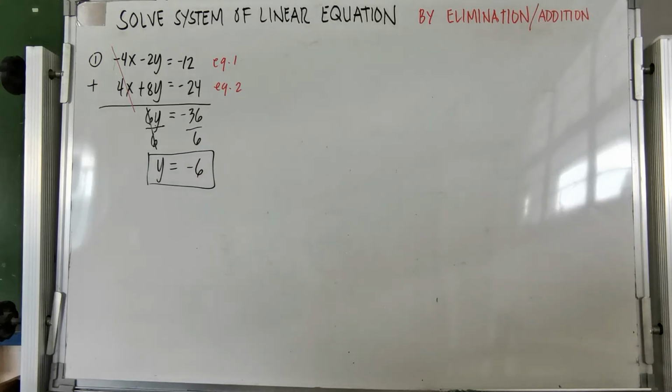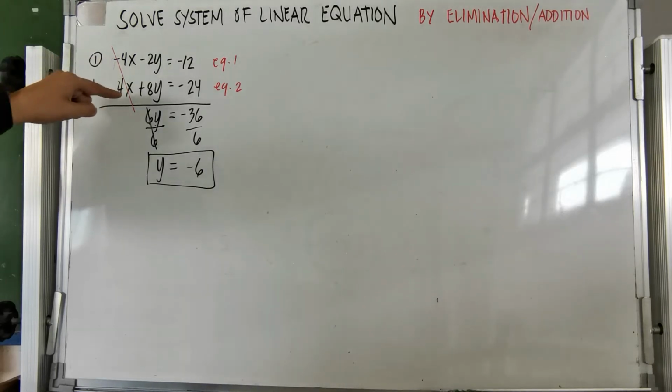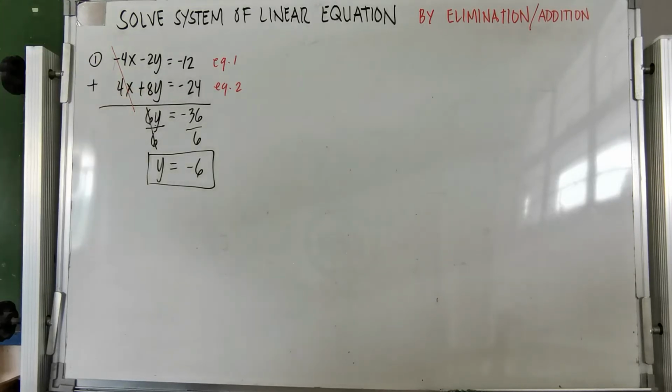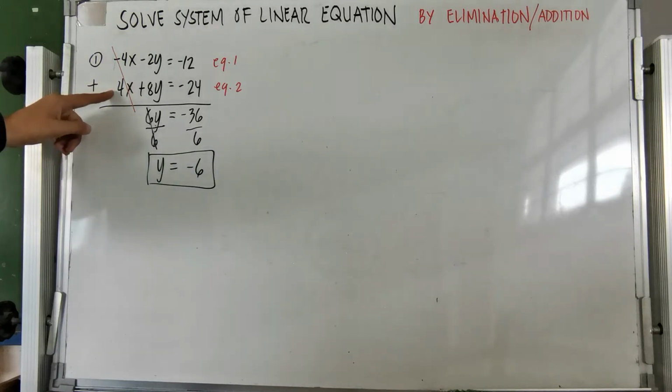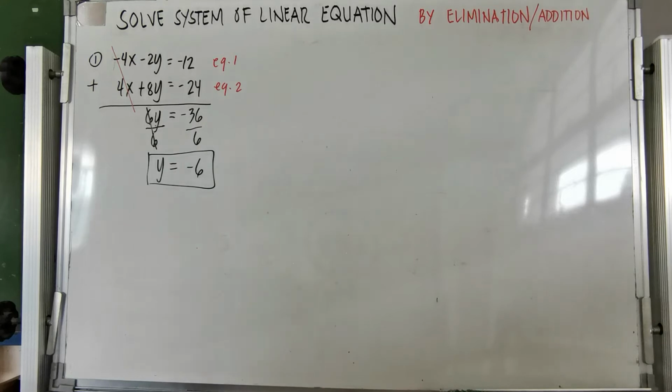So, pwede kang pumili kung ano yung mas madali para sa'yo na gamitin. So, let's say, gusto mo positive yung values ng ating first and second given or term. So, gagamitin ko yung equation 2. But, kung gagamit naman kayo ng equation 1, pareho lang tayo ng magiging sagot. So, any of the two.